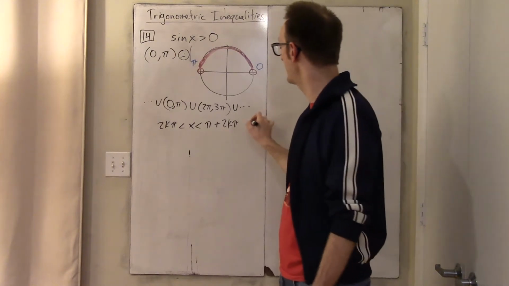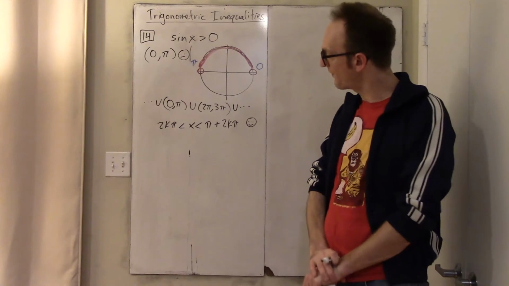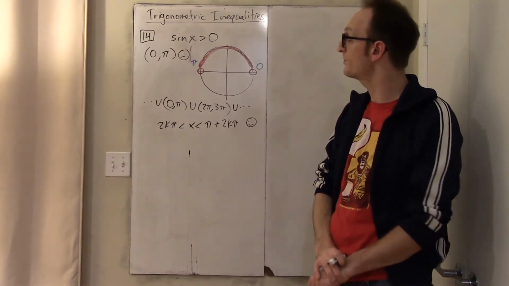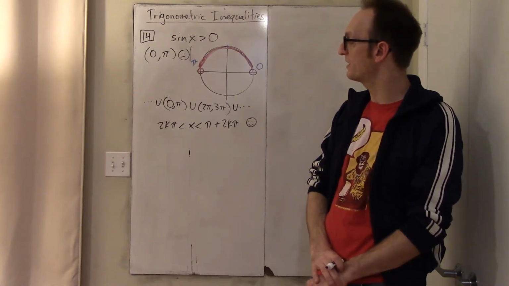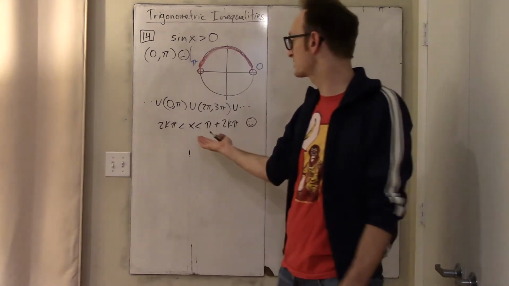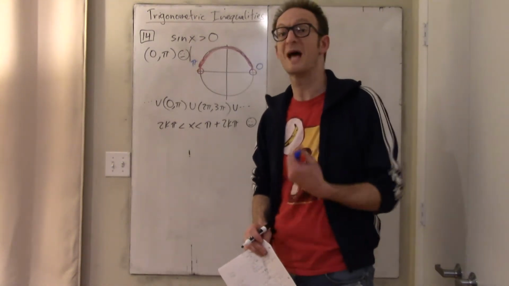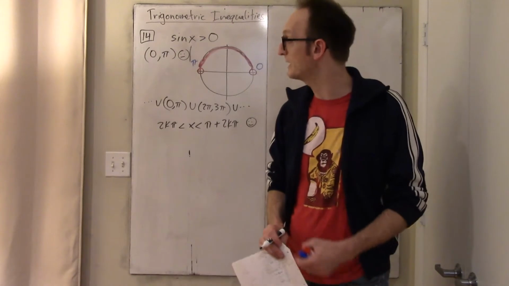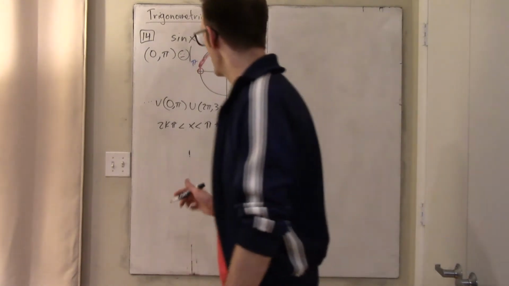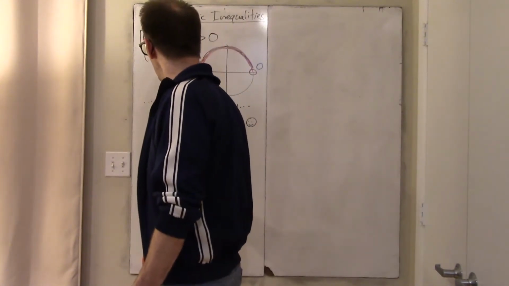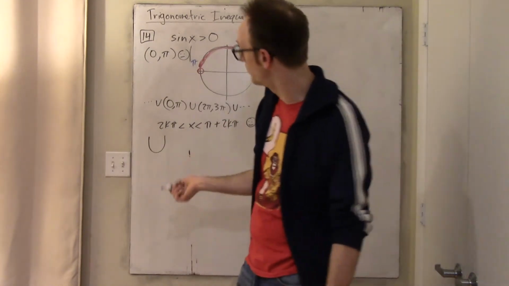Okay, this is good enough to satisfy virtually everybody, this kind of statement. And it's already maybe overkill, but to take it one more step up into overkill, I'd like to give a slightly better answer, because of course this is just a statement about x values. I would like to give a set, because the answer to an inequality should be the set of real numbers which satisfy the inequality. And so we should really have some kind of notation for the union of an infinite number of intervals, and we do.